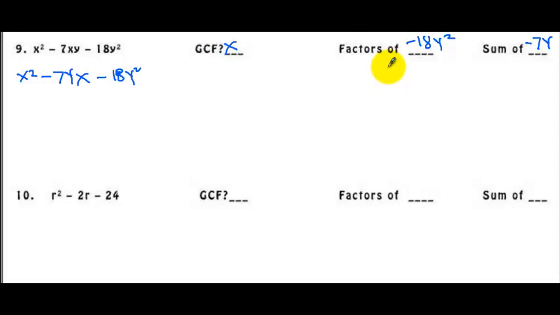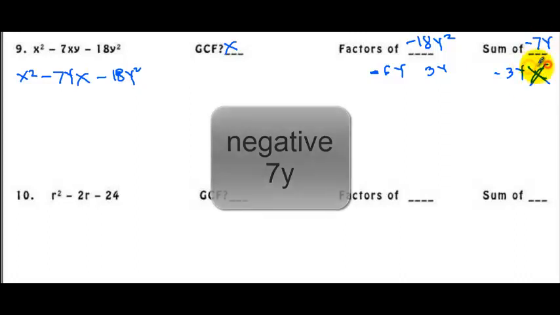So we can have 6y and 3y. One should be negative here. The greater absolute value should be the one that's negative. Now when you add these two together, you are going to get a negative 3y. Okay, I need 7y, so this one is wrong.